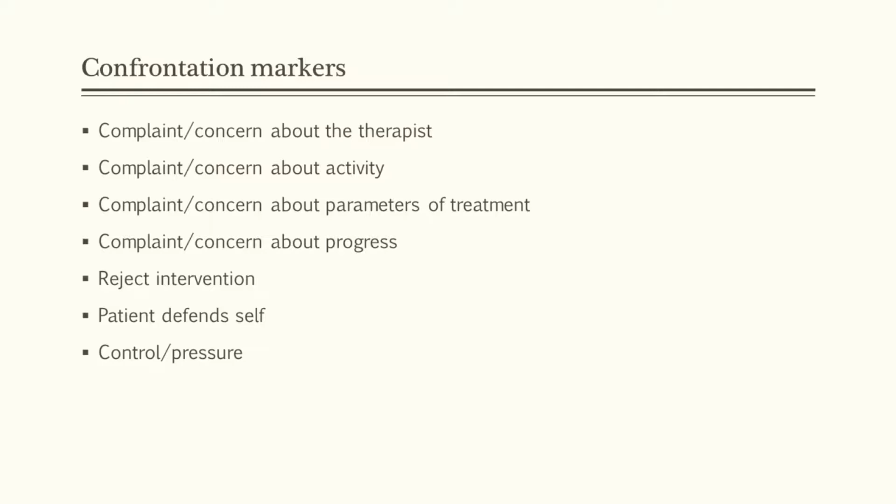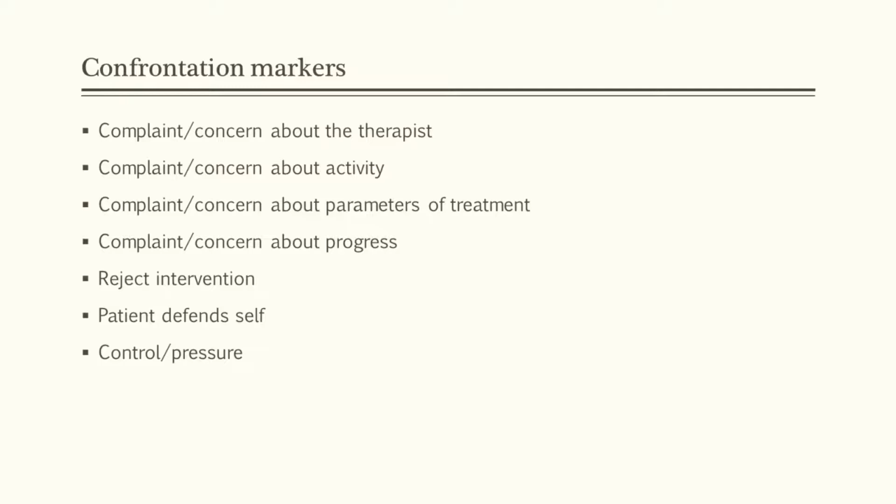So this may be, especially in a research context, if they can only come for so many sessions and they have to fill out questionnaires, complaints about those things would be parameters. Complaint, concern about progress. So feeling like this isn't helping, I'm not making progress. If they say this isn't helping because you are incompetent, that would be more complaint, concern about the therapist.